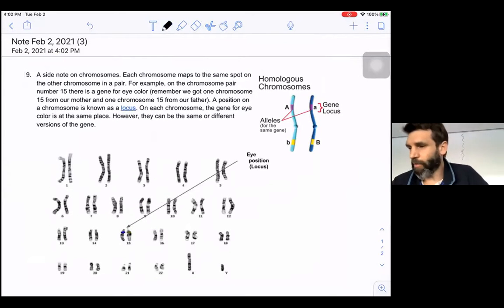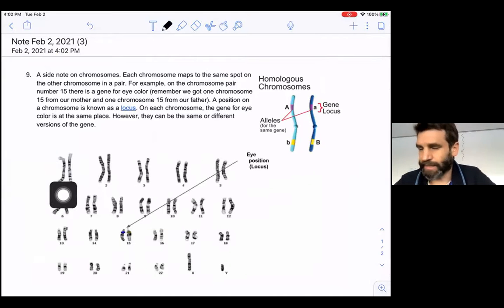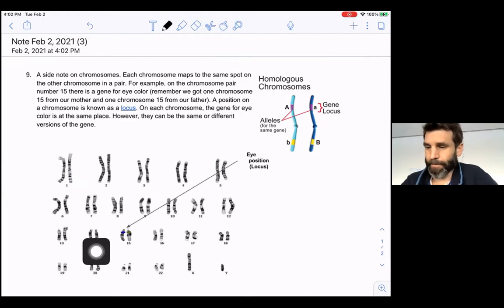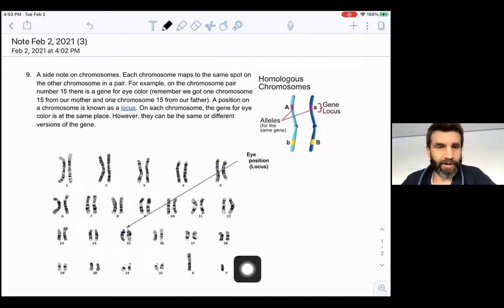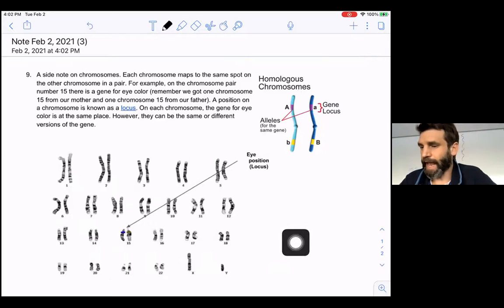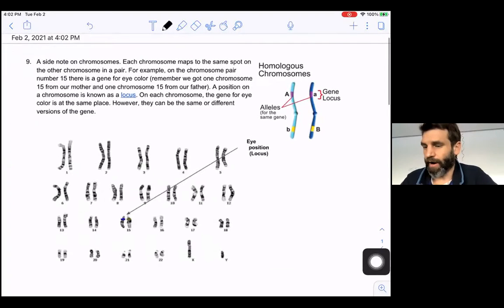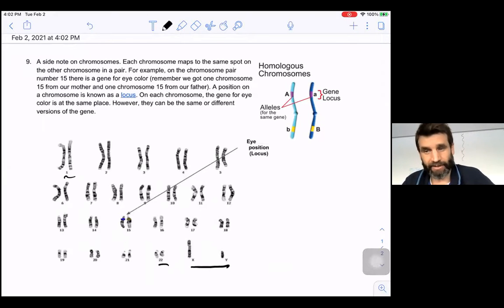So what we talked about is that humans, this is a human karyotype, have 23 pairs of chromosomes, and 22 of those are numbered, 1 through 22. And then one pair is a special pair that comes either XX or XY to determine biological sex.